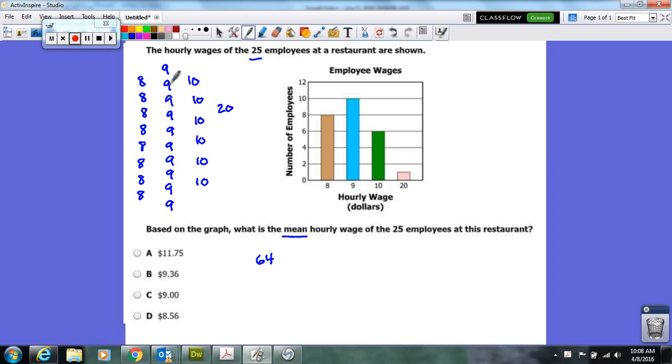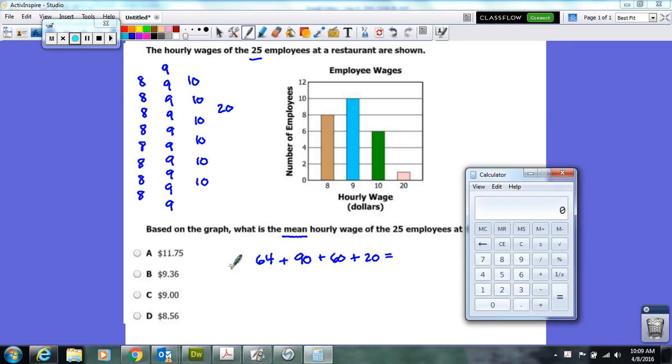Then I have 10 workers at $9 an hour, so that's a total of 90. Then I have 6 workers at $10 an hour, so that's 60 more. And then I have $20, just one of those. So 64 plus 90 plus 60 plus 20 gives me a total of 234.